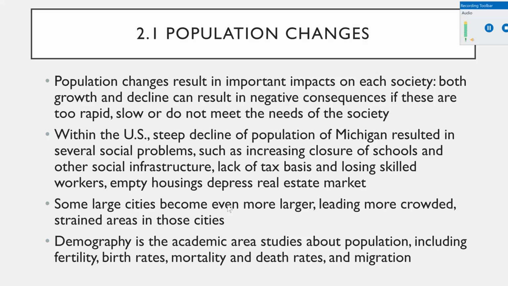And if we have too steep a declining trend, we may lose the basis of taxes and funding for public expenditures, such as Medicaid or Medicare, or all kinds of governmental policies and expenditures will be in danger, because losing many people may mean losing workforce and taxpayers. So too rapid or too slow population changes are both very dangerous and very serious.